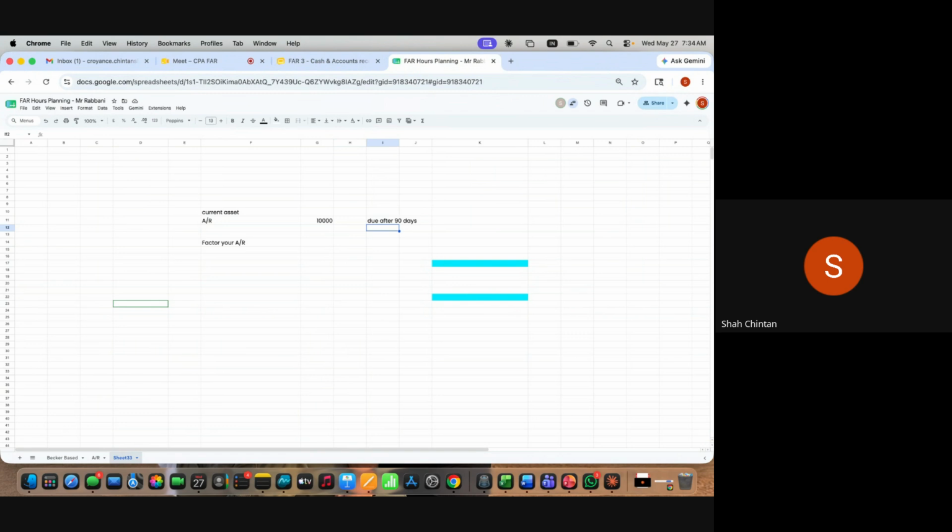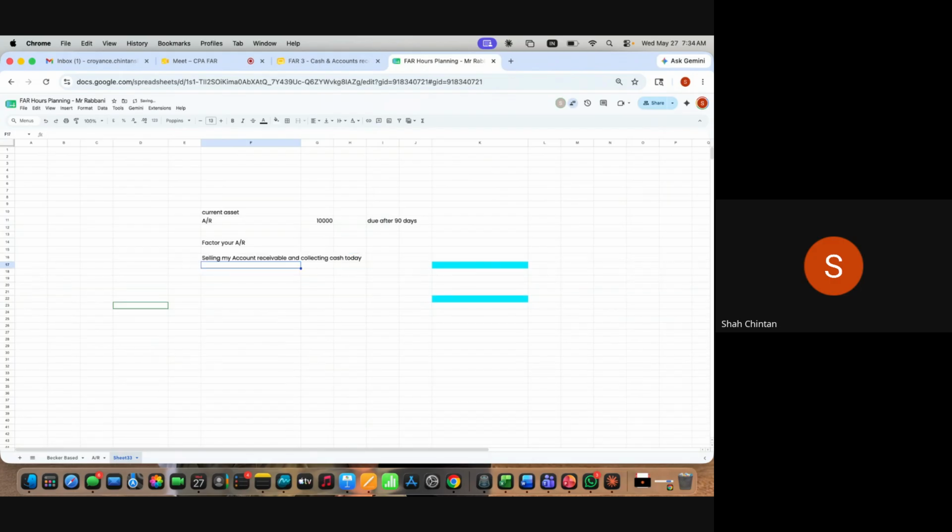So what is the meaning of "I want to sell"? We tell the factor, you give me the money today and then later on you collect the money from the accounts receivable. So basically I'm selling my accounts receivable and collecting the cash today. What will the factor say? What is my benefit?